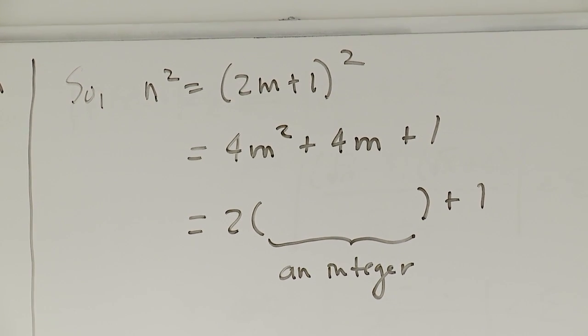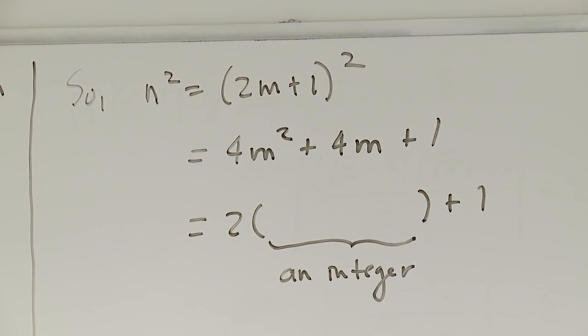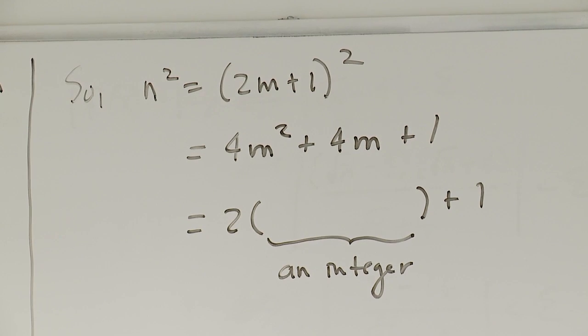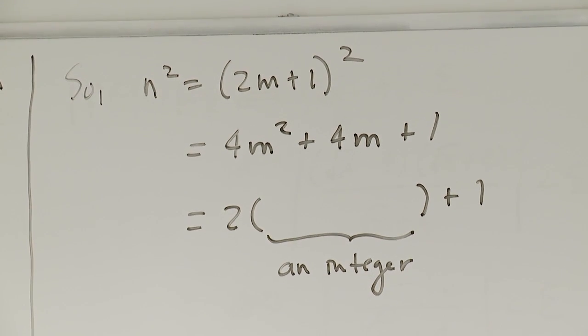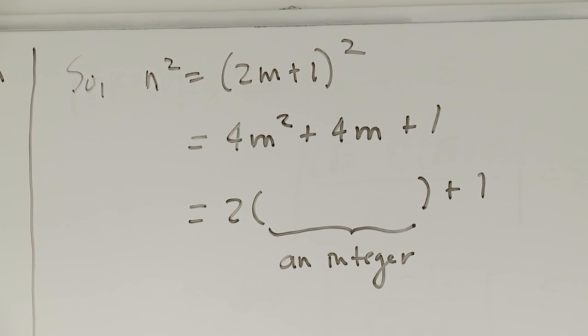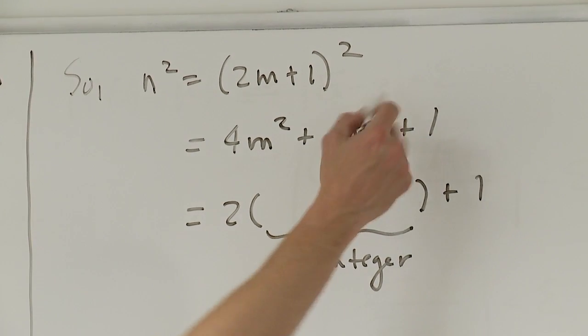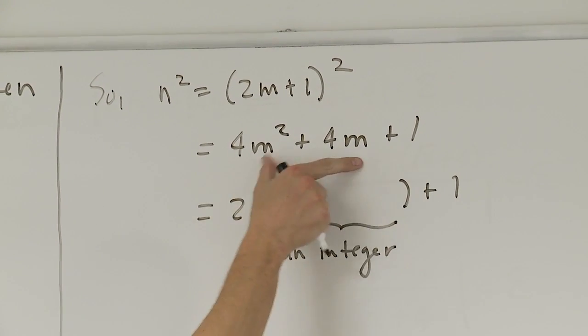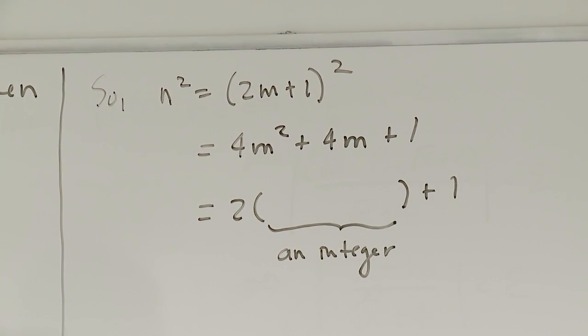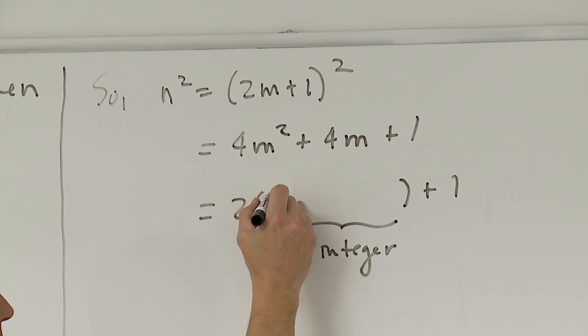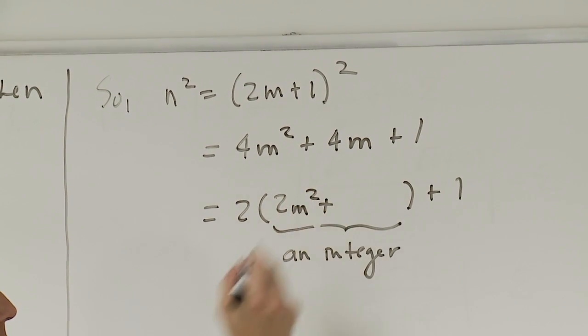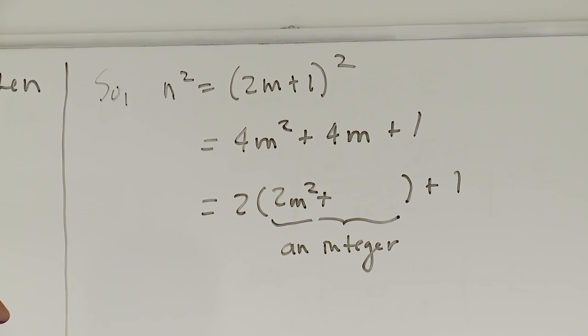So can you see what that integer will be in terms of m? We just brought this 1 down, and we sort of factored a 2 out of this, right? So what can I write here? 2m squared plus 2m, right?